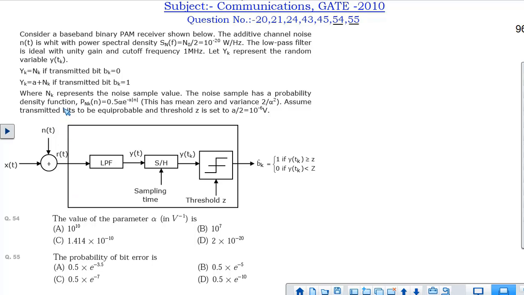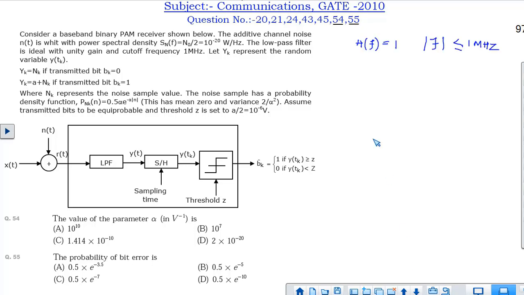So this is basically the pulse amplitude modulated receiver. The noise is added here. The summation of the signal and noise is passed through a low pass filter, then the sample and hold circuit samples the signal y(t). Then threshold detection detects the bit as 0 or 1 as per this logic: the bit is treated as 0 if the output amplitude is nk, and the bit is treated as 1 if the output amplitude is a plus nk, where a by 2, the threshold, is given to be 10 to the minus 6.